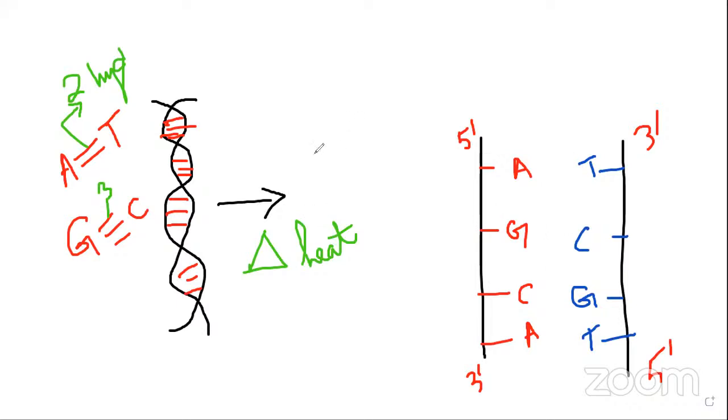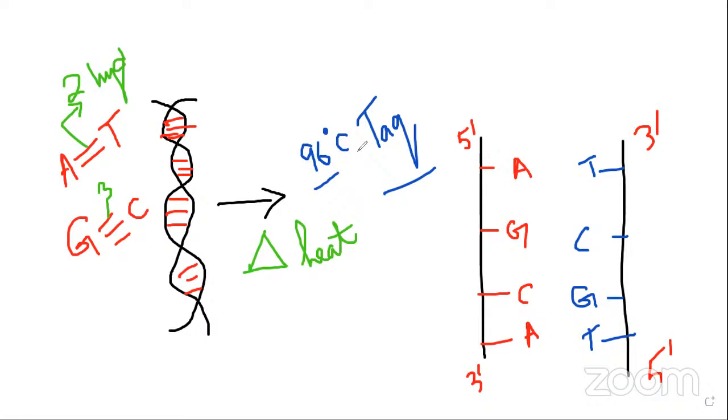Which temperature are they giving? 96 degrees Celsius. Already we discussed the Taq polymerase enzyme. What is the meaning of Taq? Thermus aquaticus. Thermus is nothing but heat. In this type of microorganism, the cell wall contains the enzyme DNA polymerase, which has high activity up to 96 degrees Celsius.